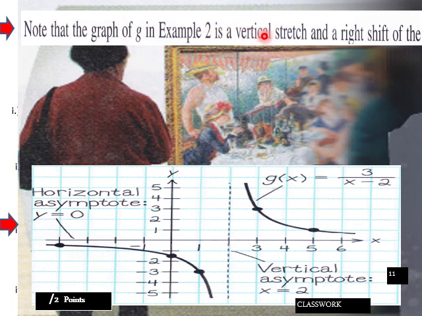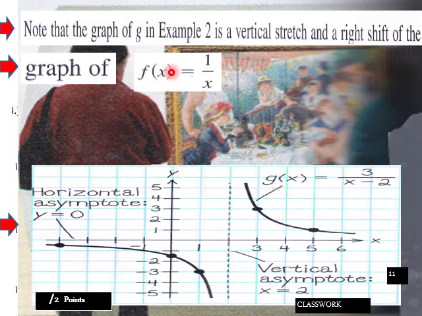So we have a vertical stretch and a right shift of the graph of f of x equals 1 over x. A vertical stretch here would be that the curve distances itself from where the vertical asymptote crosses the x-axis.